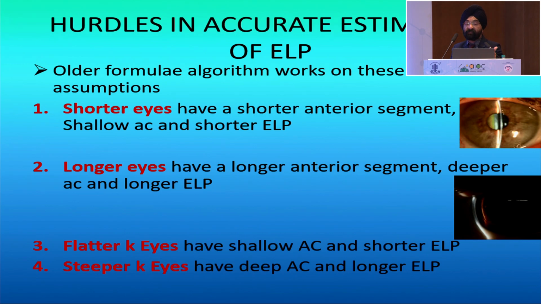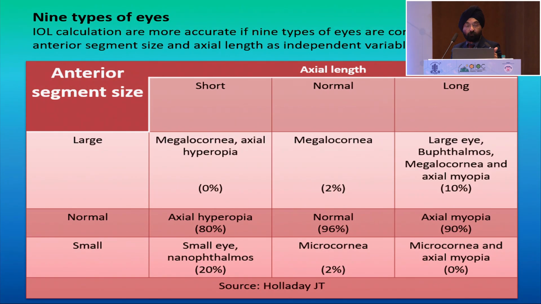There are some hurdles in accurate estimation of effective lens position because the older formulae worked on these assumptions. That is, shorter eyes and flatter K eyes were supposed to have shallow anterior chamber and shorter effective lens position, in contrast to longer eyes and steeper K eyes, which are supposed to have deeper anterior chamber and longer effective lens position. But Holladay told us that there are 9 types of eyes.